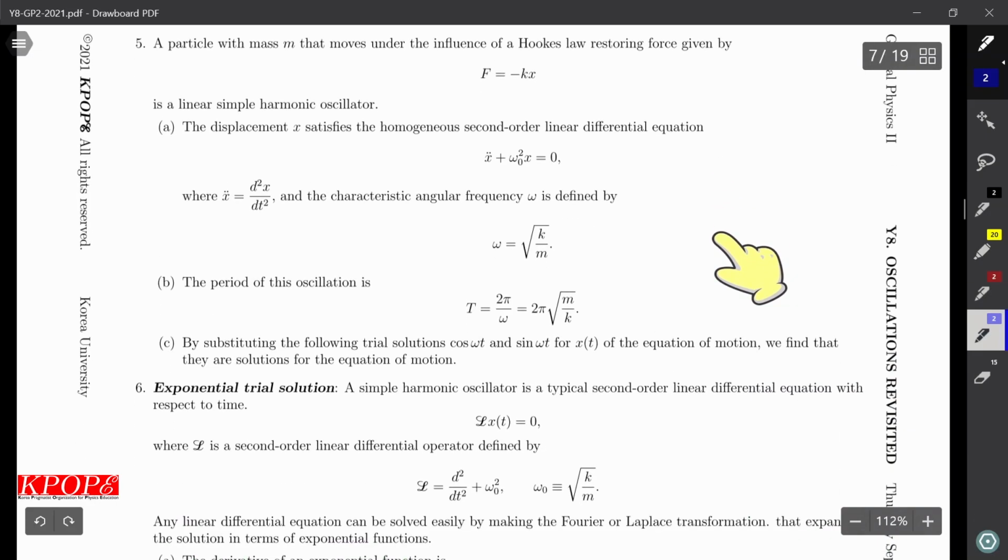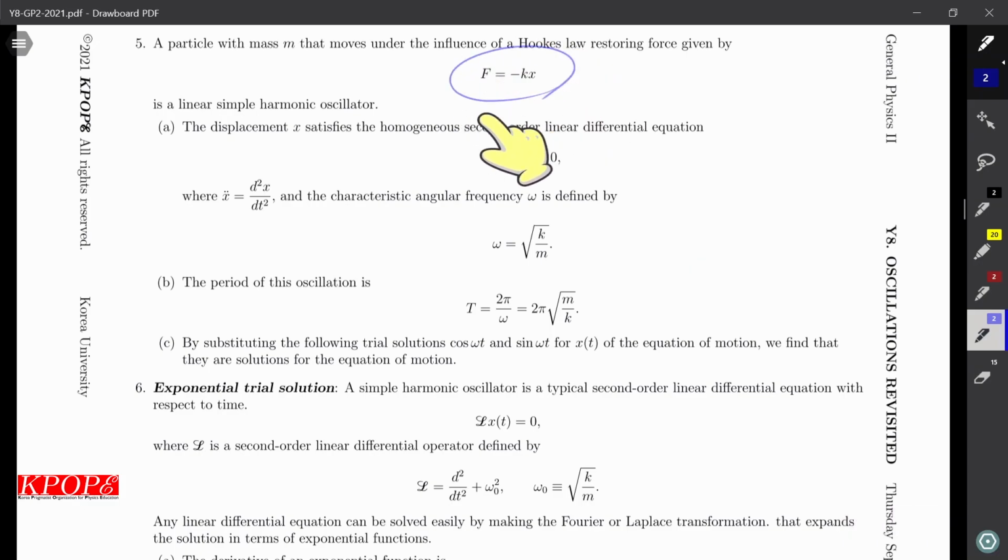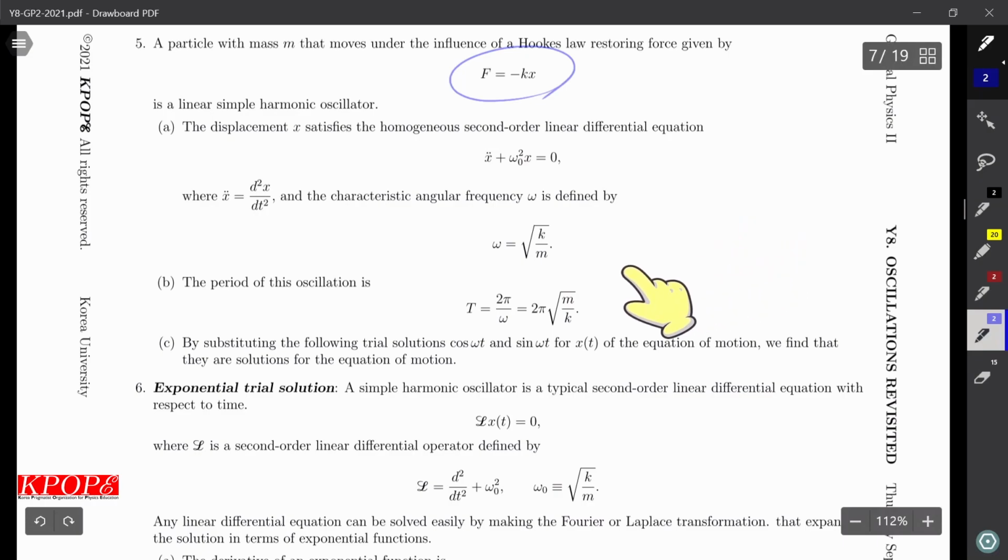Okay, we consider an equation of motion for a particle of mass m attached to a spring of spring constant k. x is the displacement from the equilibrium position.